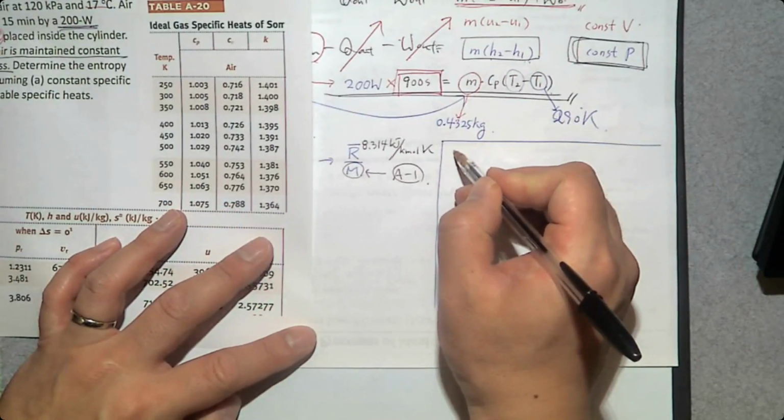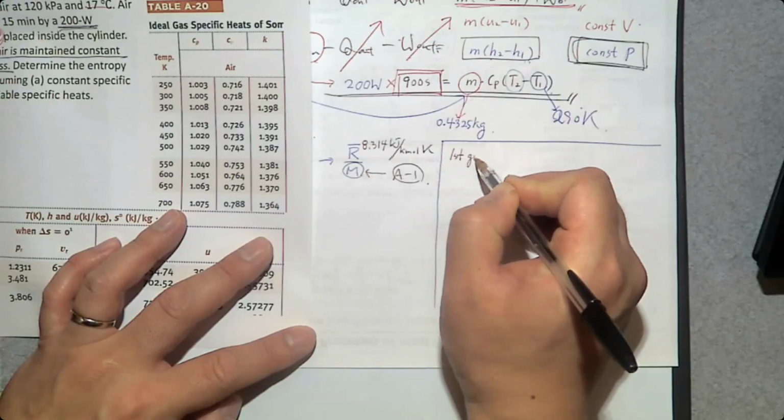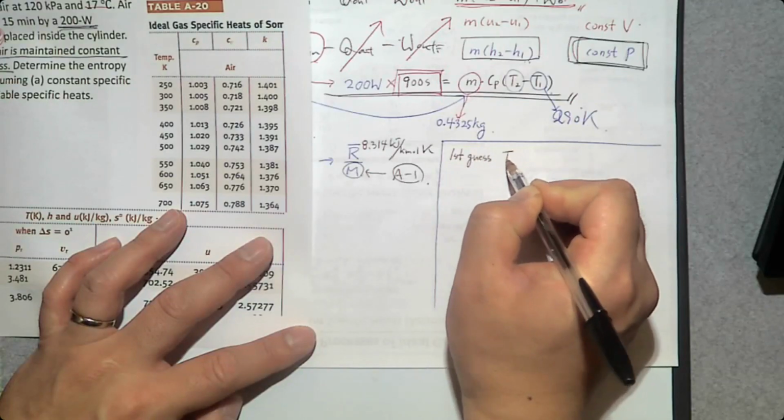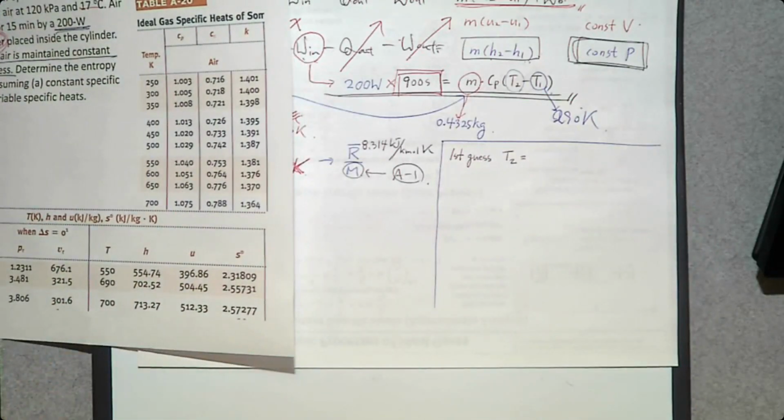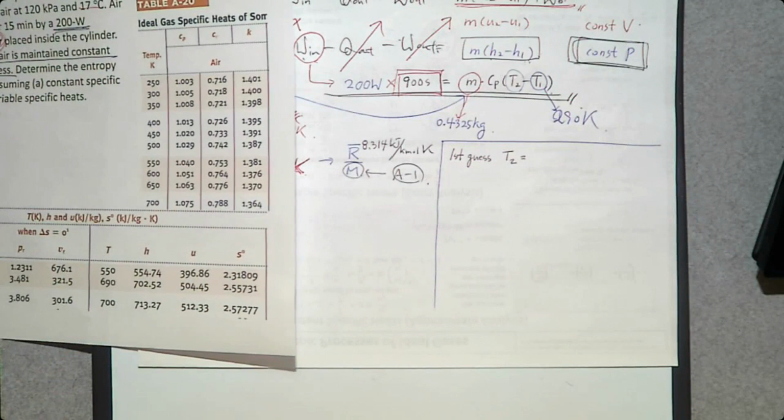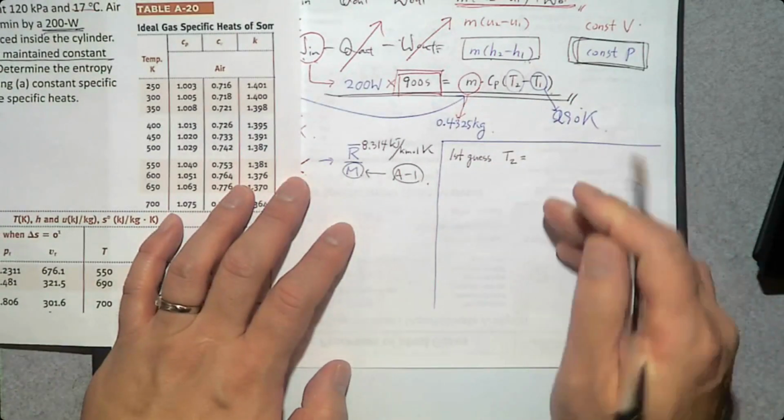We're going to assume a first guess. I'm going to guess T2 is some number, do the calculation, and confirm if my guess makes sense or not. So one number.